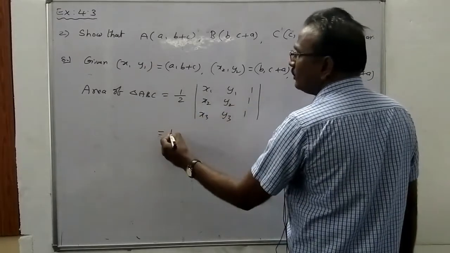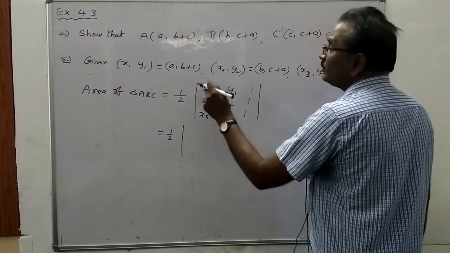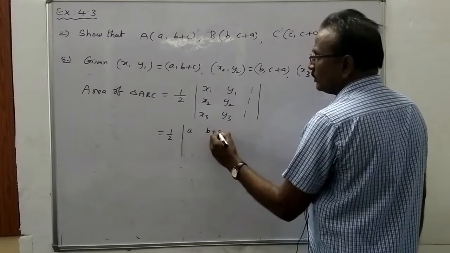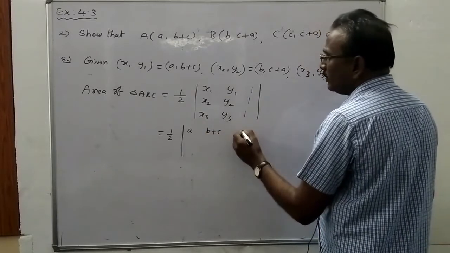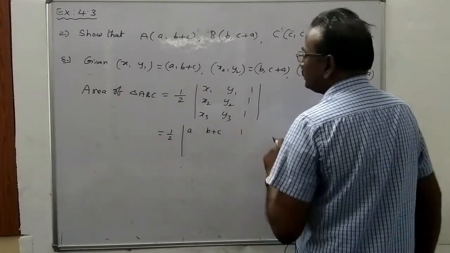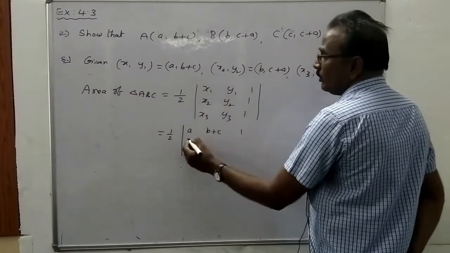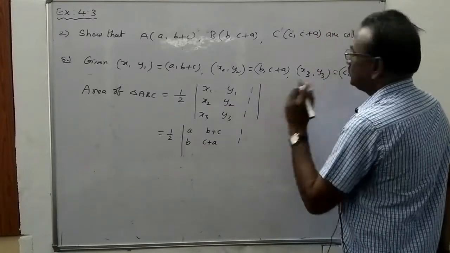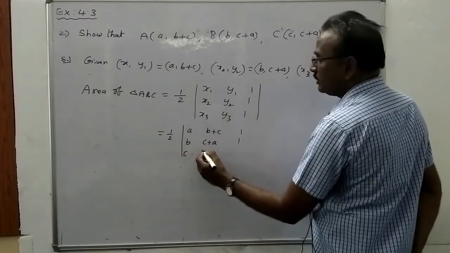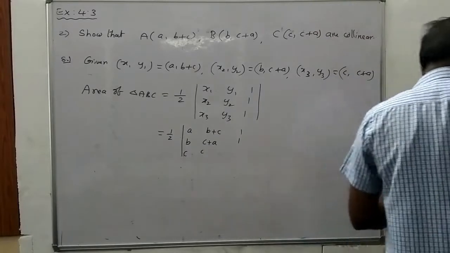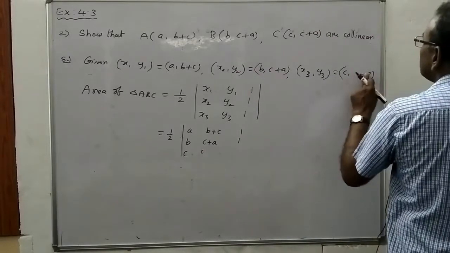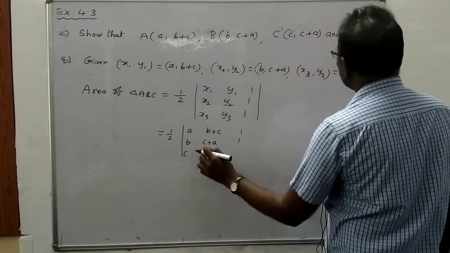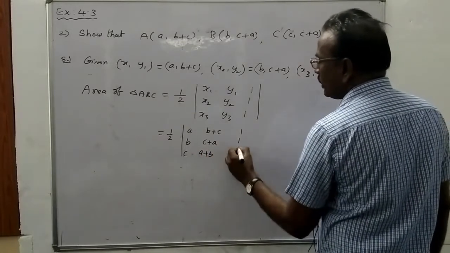Now substitute the values: half, determinant of a, b plus c, 1; b, c plus a, 1; c, a plus b, 1.